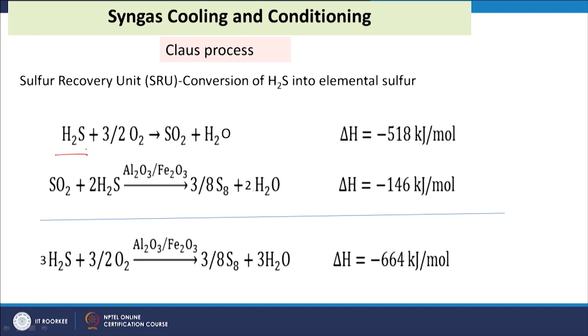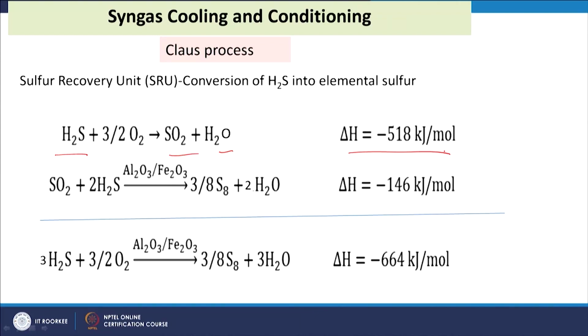If we have H2S plus 3/2 O2, then it gives us SO2 plus H2O. This is the delta H value of this reaction. Then SO2 reacts with H2S again and gives 3/8 S8 plus 2 H2O, and this reaction is also possible. So, these are the reactions of the Claus process through which we can get elemental sulfur.